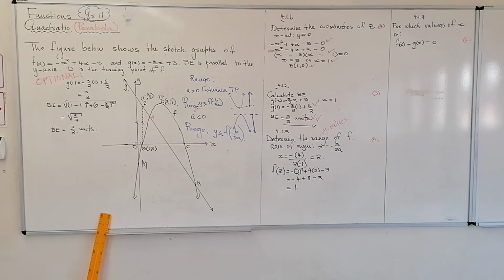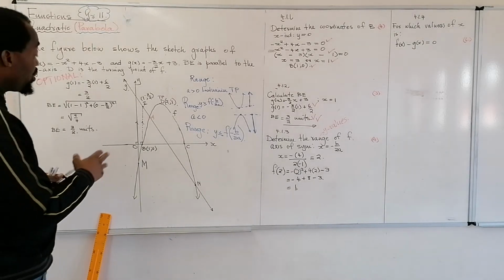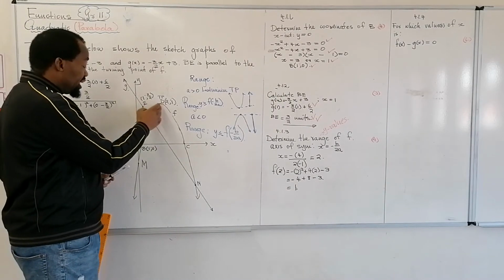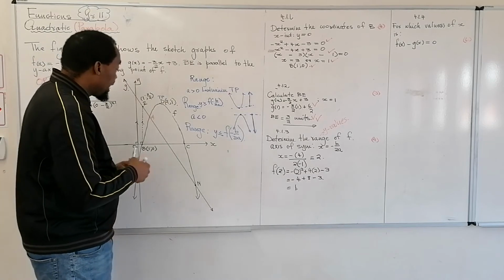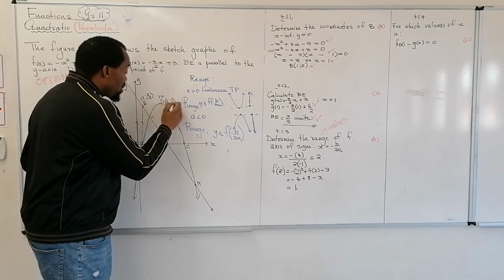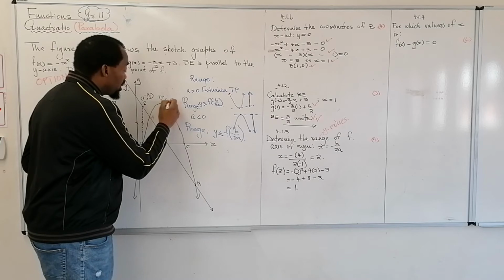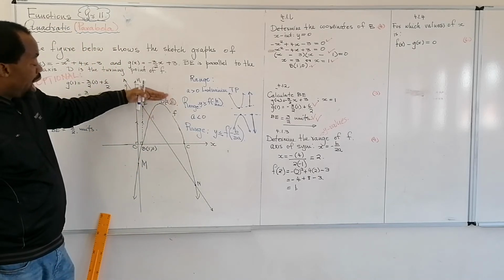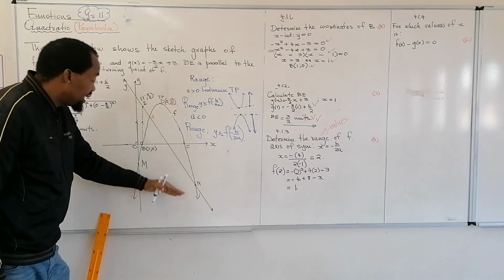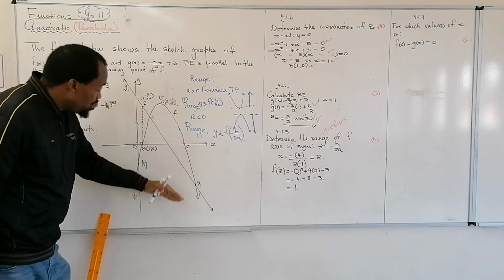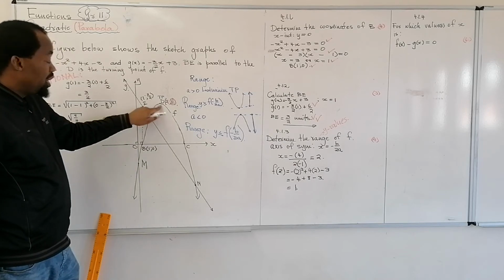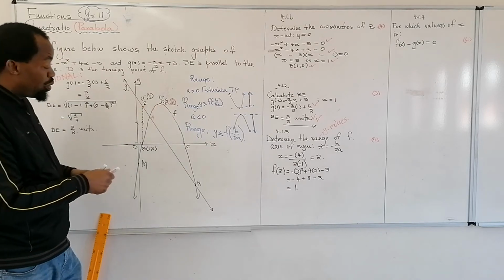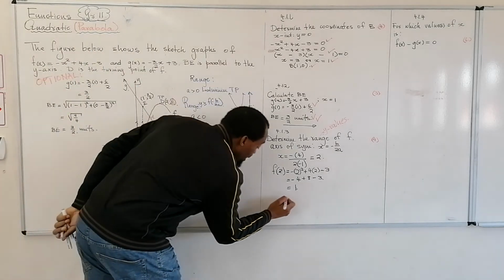Now, from this information which we have just got, we can now tell the range of this graph. The range of this graph will be controlled by that value. All the y values of this graph must be smaller than that value, and because it is also a turning point, they must be equal to that value.